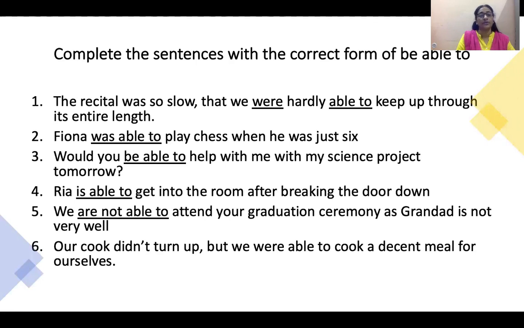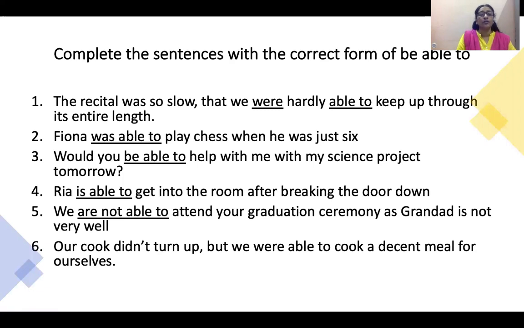Second one, Fiona blank play chess when she was just 6. So here you have to fill was able to before play chess when she was just 6.